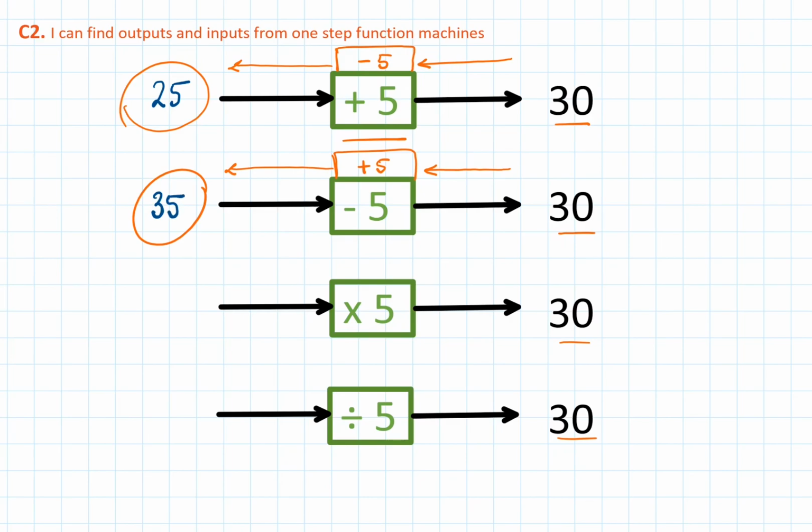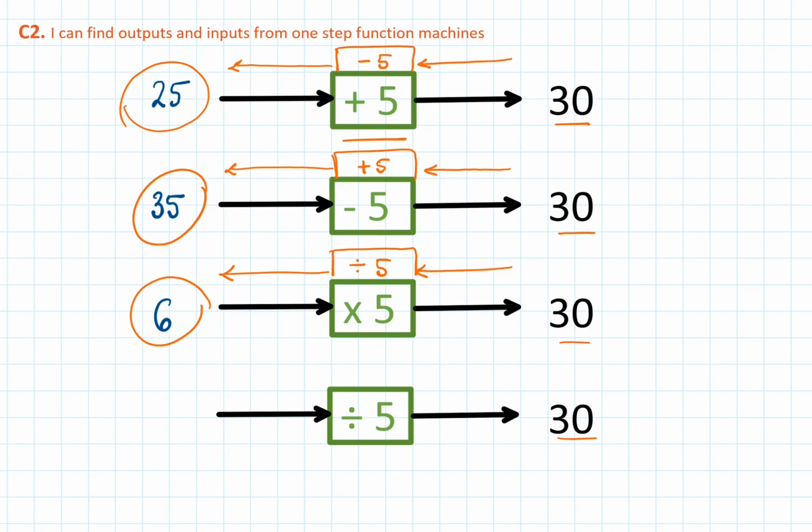In the third case, we had an input, we multiplied it by 5, and we got 30. What could have been this number? We work backwards. Multiplying by 5, the inverse operation of that is dividing by 5. If we divide 30 by 5, we get 6. So the original number, the input, was 6.